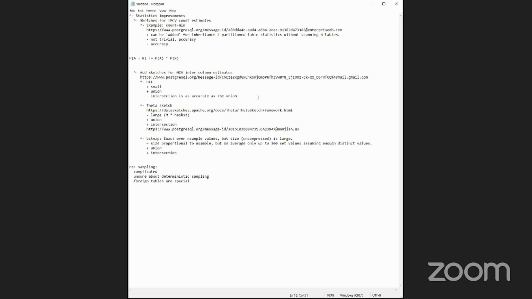After the research of what kind of sketches exist, I indeed also found out that hyperlog is not a great idea if you want to do intersections, unions, and A implies B relationships. In that regard, Theta has better combinatory options. Bitmap is even better, and exact, but has the limited sample count issue, because it is linear in the amount of samples that you put into it.